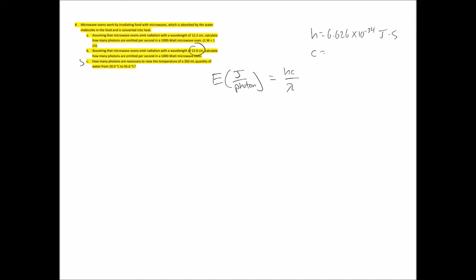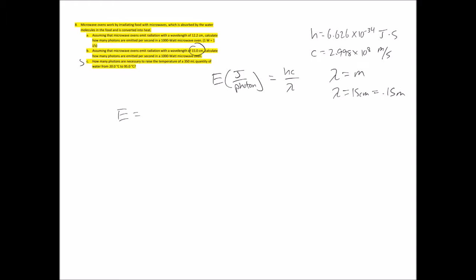C is the speed of light, which is 2.998 times 10 to the 8th meters per second. And then our wavelength, we want in meters to cancel out with the other meters. So for the wavelength of 15 centimeters, we convert that to 0.15 meters, and we plug it into our E equation.